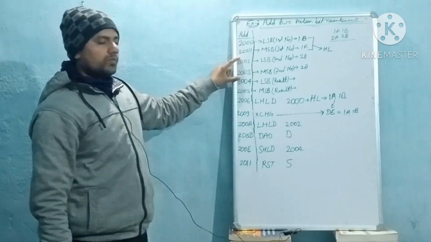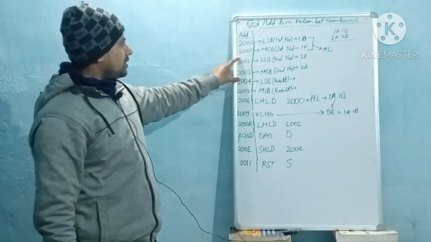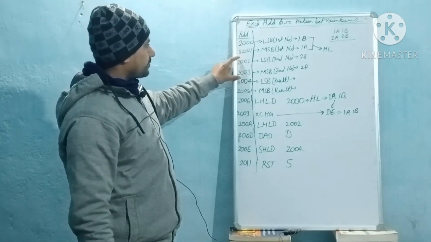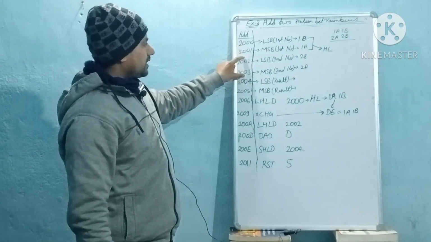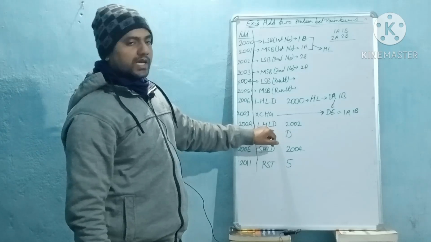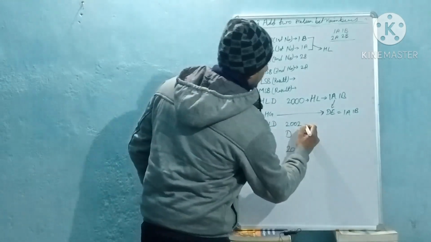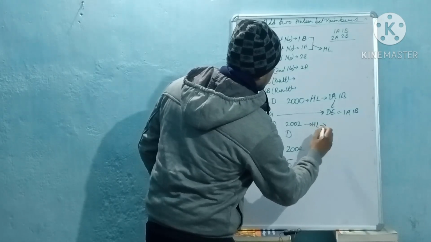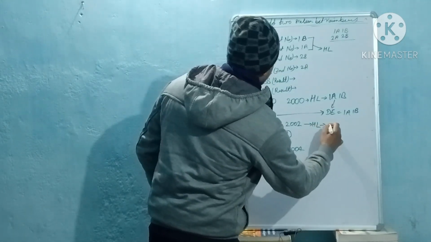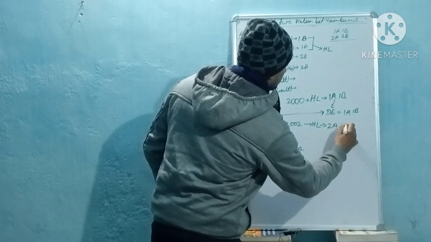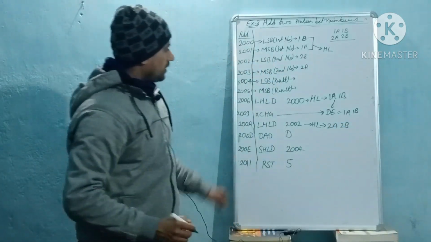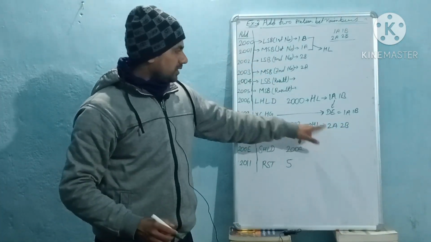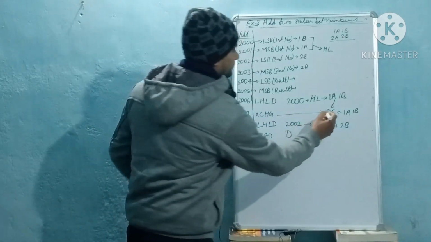Whatever data we have in these two memory locations will be saved in the HL pair register. So it will go to the HL pair, and then here we have 2A and 2B. Okay. So now we have in the HL pair this one and in DE this one.